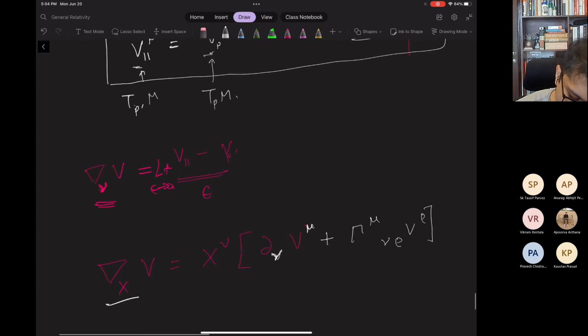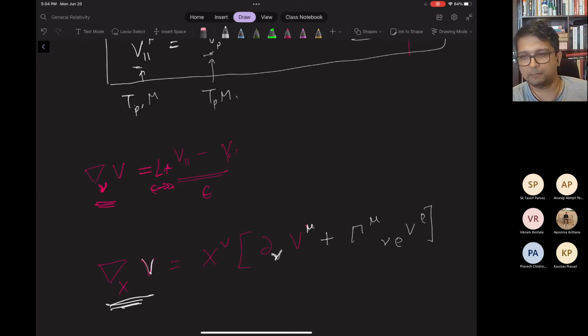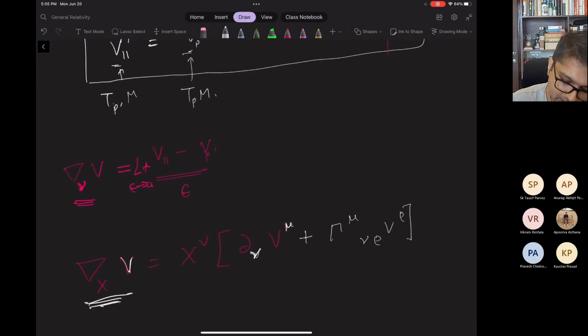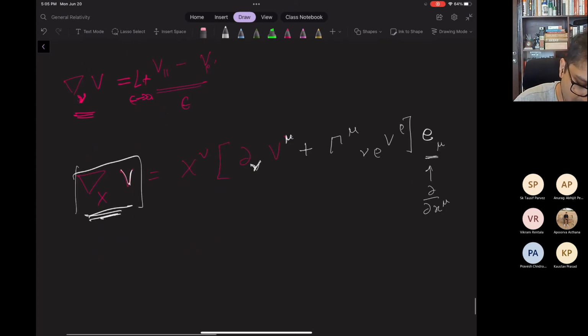And this entire thing is a vector. It's the difference between the original vector field at the point P prime and the parallelly transported vector at the point P prime. So this is in components, this is epsilon mu E mu, where these are basis vectors. So this is the derivative. This is the affine connection, and this allowed us to define parallel transport.